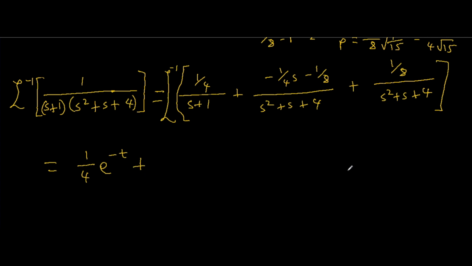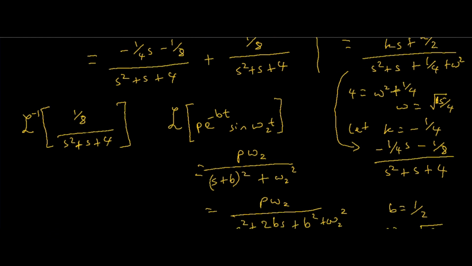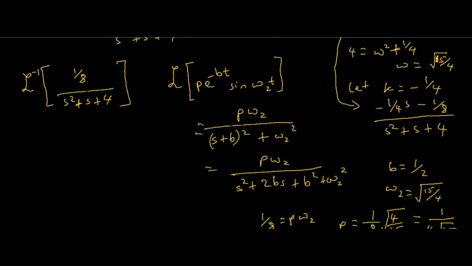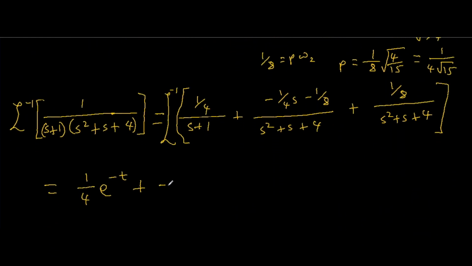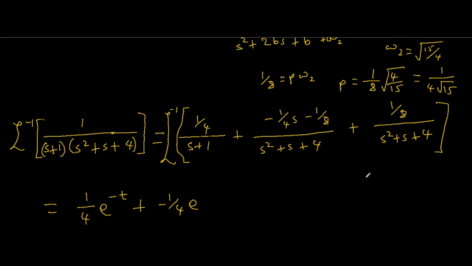Plus, now we need all the various terms that we had over here. What was our k? Our k was minus 1 over 4. So we have minus 1 over 4, e to the power of, and our a, which actually turns out to be exactly the same thing as our b, is 1 over 2. So that's minus 1 over 2t.